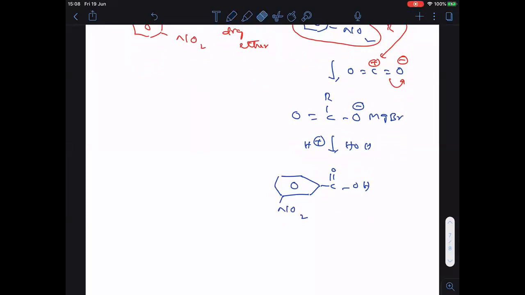Let me write this neatly so it will be clear to you. So at meta position NO2 plus. What is the byproduct formed here? MgBrOH.